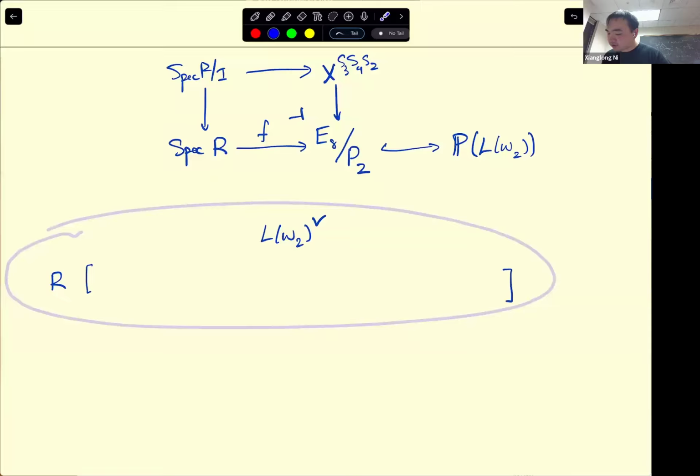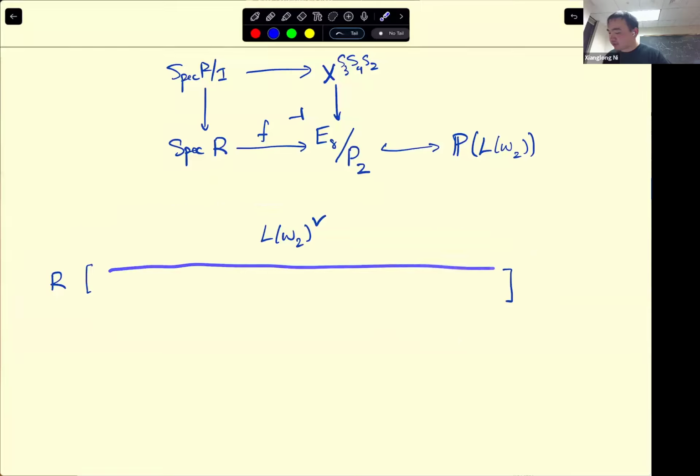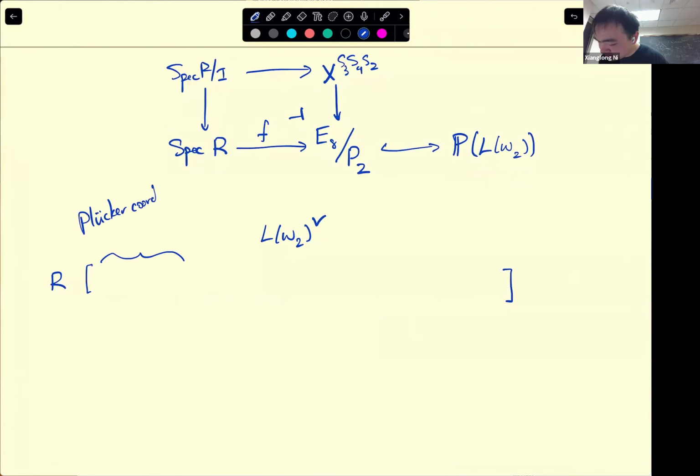And inside of here, the coordinates are the Plücker coordinates, the projective coordinates. And I know that this Schubert variety is defined by the vanishing of some Plücker coordinates. So let's just say these Plücker coordinates here are defining the Schubert variety X, S3, S4, S2.